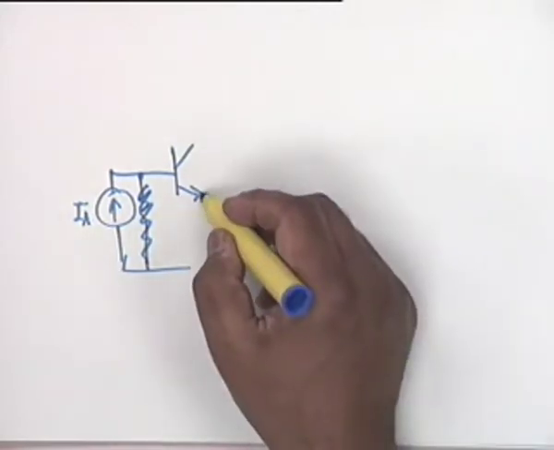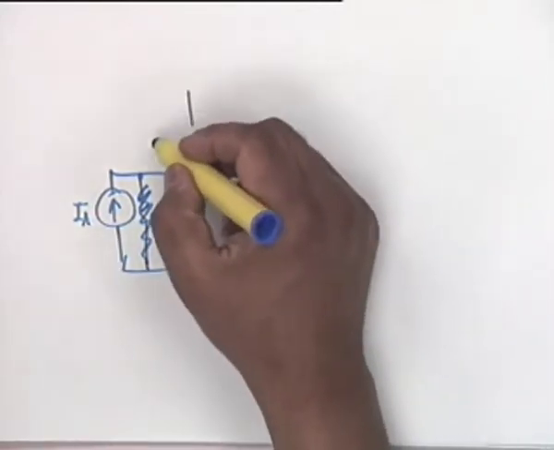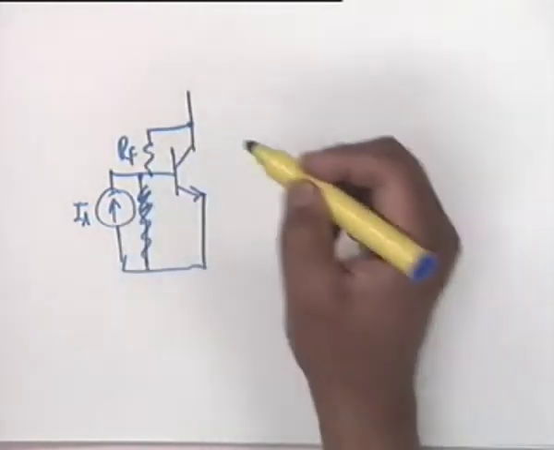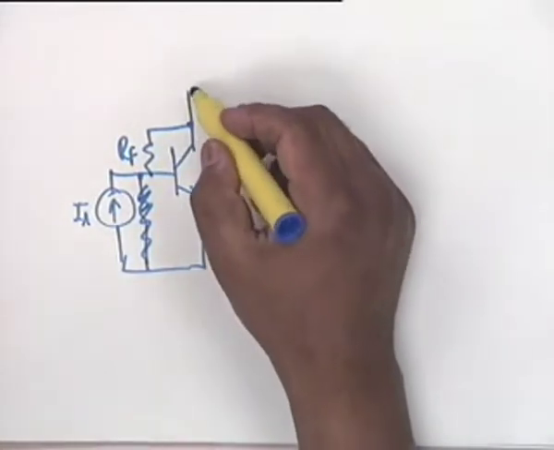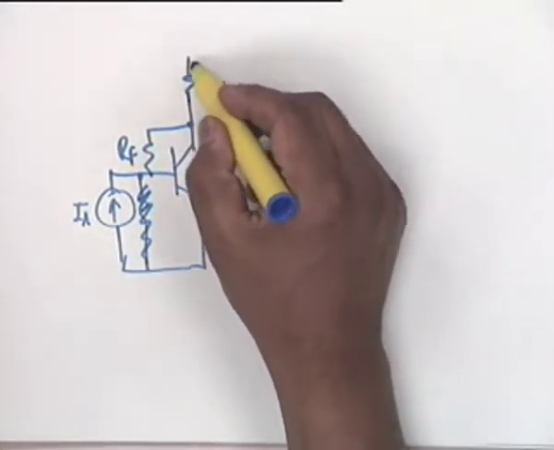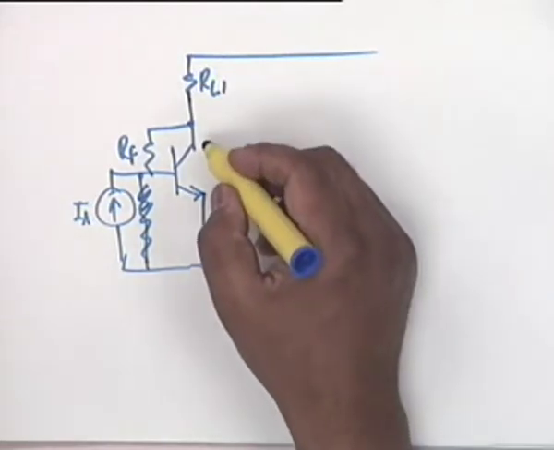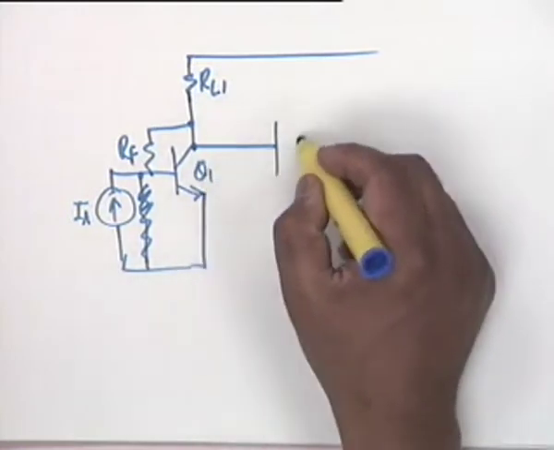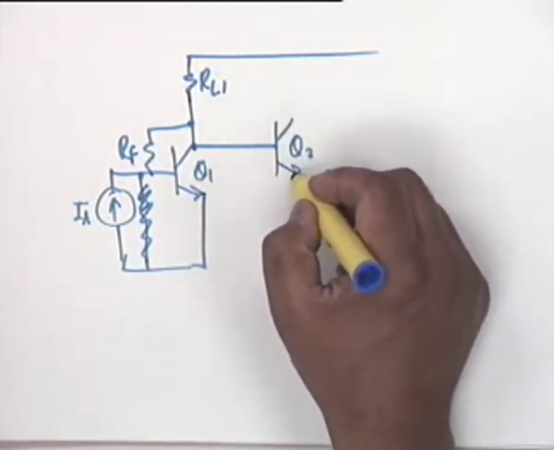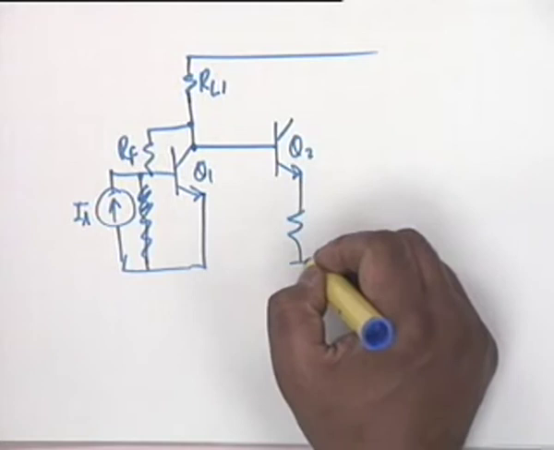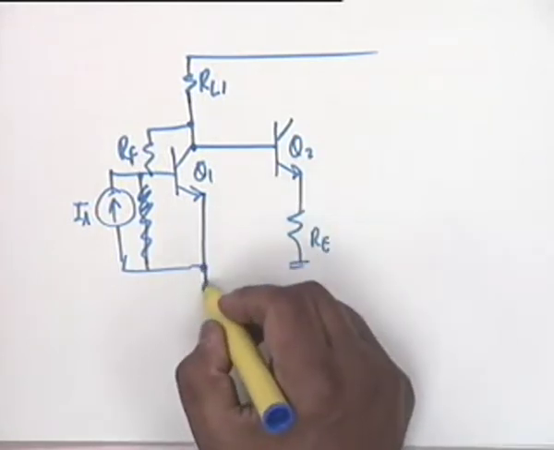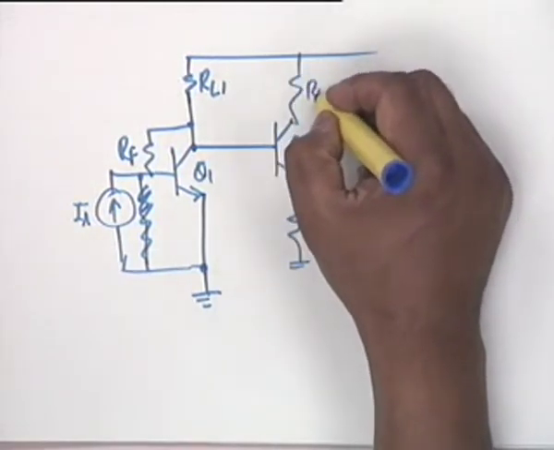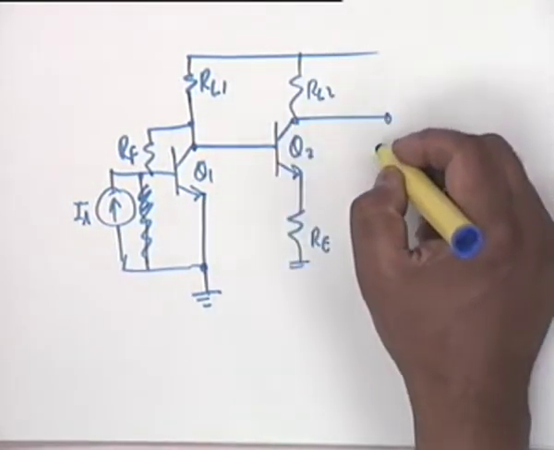Okay. So this goes to ground, and I have a resistance from here to here, RF. I have an RL1. Now this goes to the second stage, Q1, Q2, in which there is feedback through RE, then RL2, and the output is taken here.